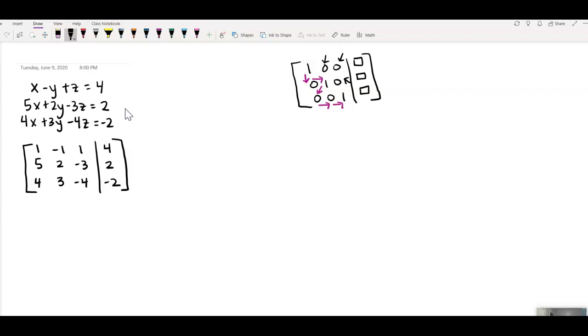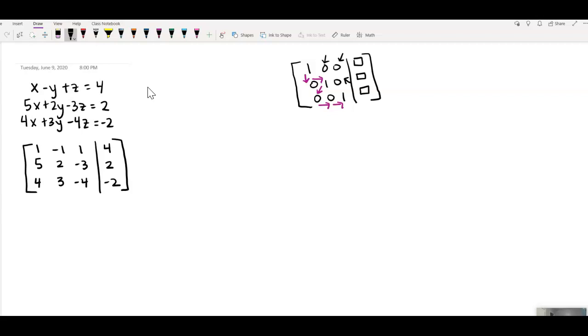So now I want to go and make this 5 into a 0, right? And so what I'm going to do is use the 1 above it to help me do that. Because if I take and multiply this 1 by a negative 5 and then add it to 5, that's going to give me a 0 there, right?